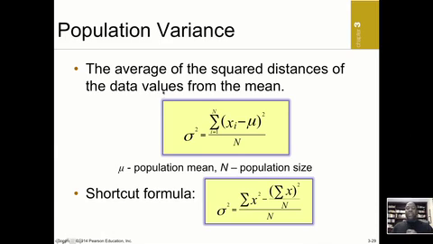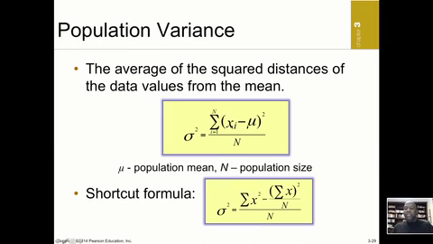By technical definition, that is the average of the squared distances of the data values from the mean. So we could see here, if it is a population we're talking about, our population size is often referred to as capital N. So mu, this Greek symbol, is the average of the population.